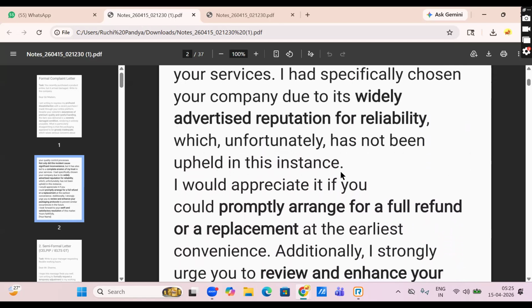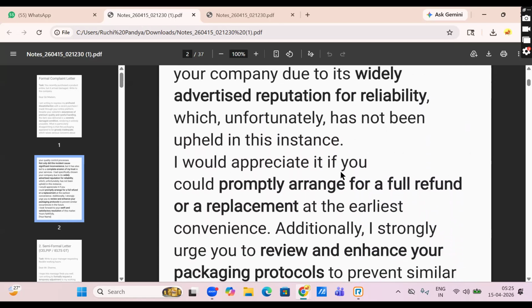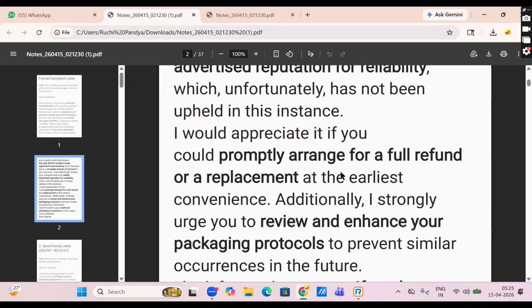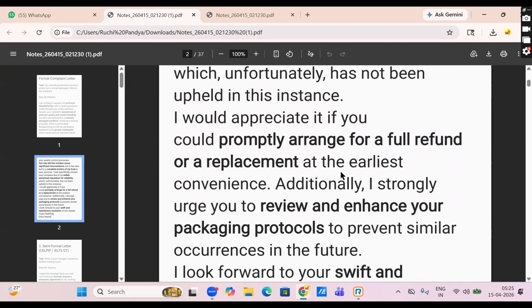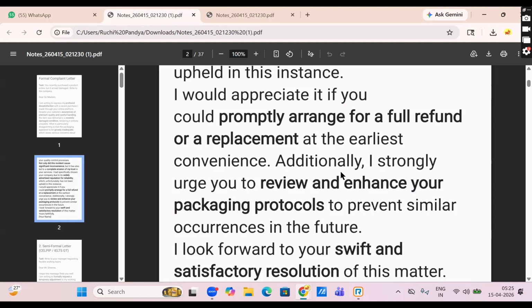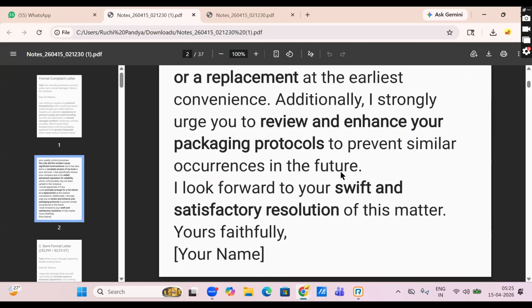I would appreciate it if you could promptly arrange for a full refund or a replacement at the earliest convenience. Additionally, I strongly urge you to review and enhance your packaging protocols to prevent similar occurrences in the future. I look forward to your swift and satisfactory resolution of this matter.